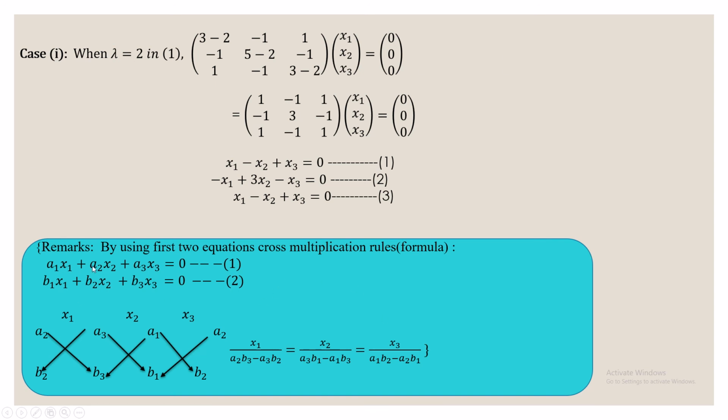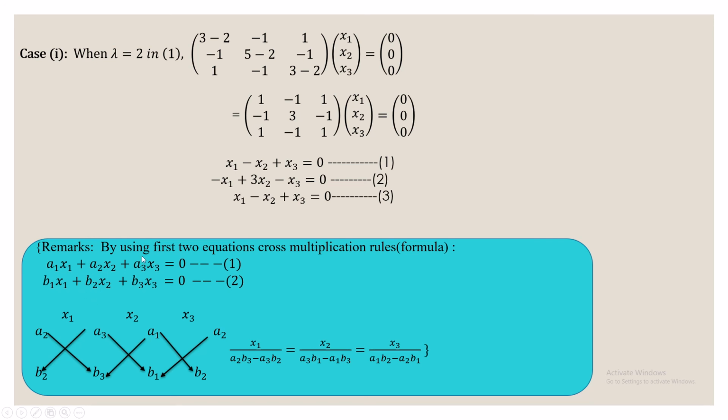First you have to split the first equation. Take a1 x1 plus a2 x2 plus a3 x3 equal to 0, and b1 x1 plus b2 x2 plus b3 x3 equal to 0. Just cross multiply that matrix.